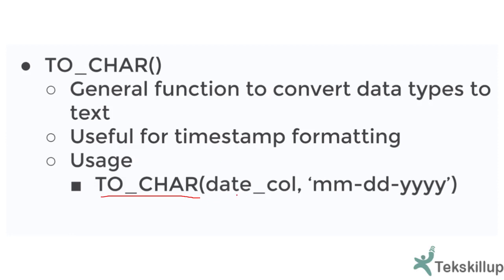Then you input your date column, your column containing that timestamp, followed by a comma, then a single quotation here, right? Then provide the format. This is month, this is the day, and this is the year. So basically, this is the format used with the to_char function.